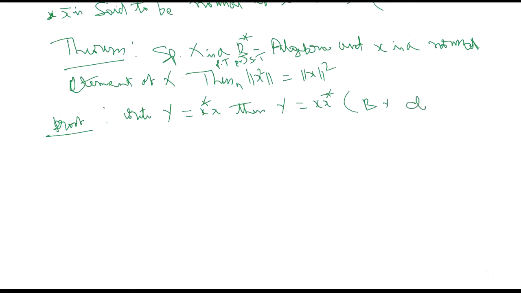So norm y whole square can be written as norm of y star into y by definition.